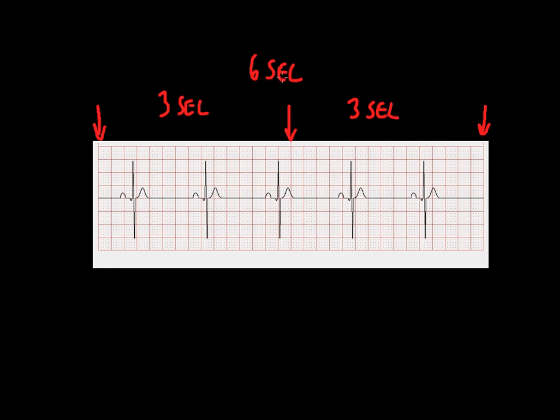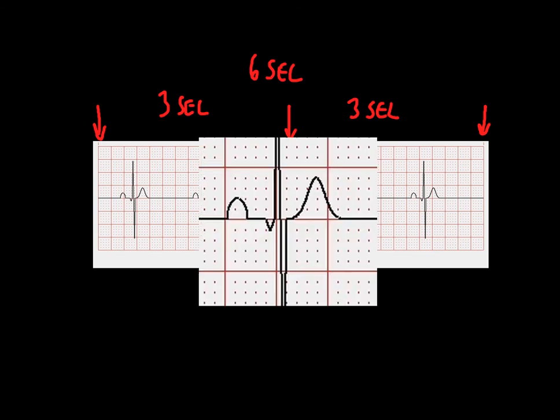So I can count the QRSs and multiply by 10 to get our rate. If I start counting out here, first thing I want to do is take a look at the QRS. One of the magics of computers is I can zoom in, and I'm zooming in on this central beat here. Now remember, the QRS is a big, tall, up, down, spiky, pointy thing, and just to save some space, I didn't show the entire height of this.